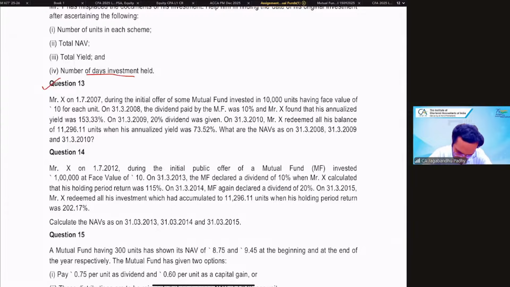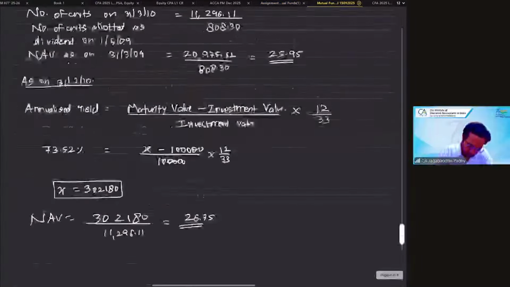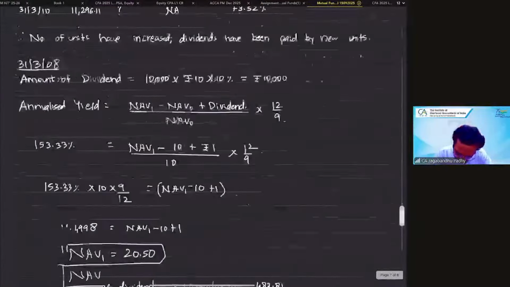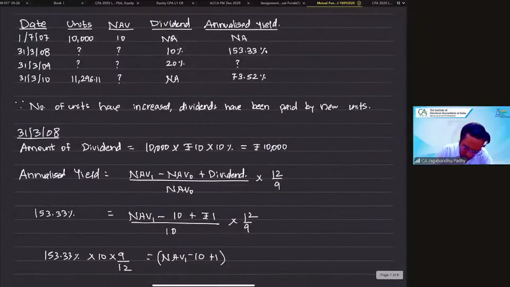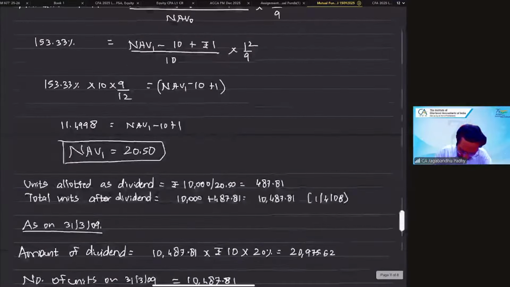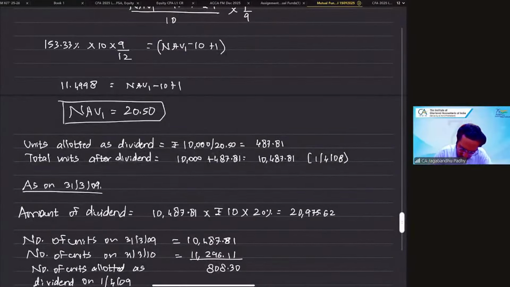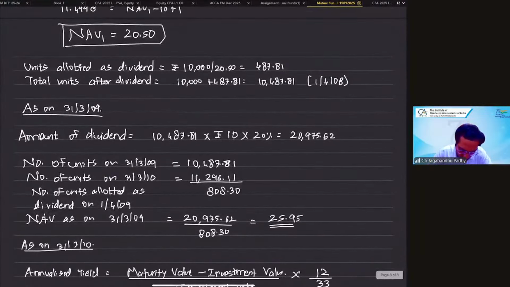Sir, I have a doubt. In 2008 to 2009, we have taken an NAV value of 20.10. So there may be a dividend between 8 to 9. That dividend is given to us from 2008 to 9, right?